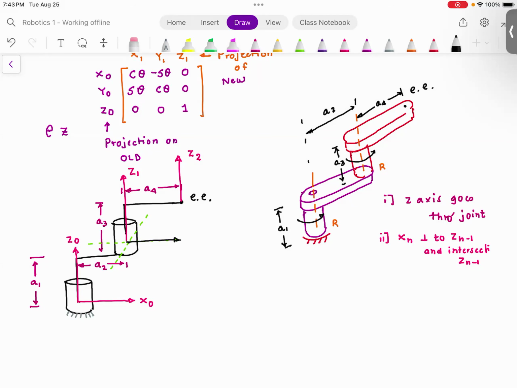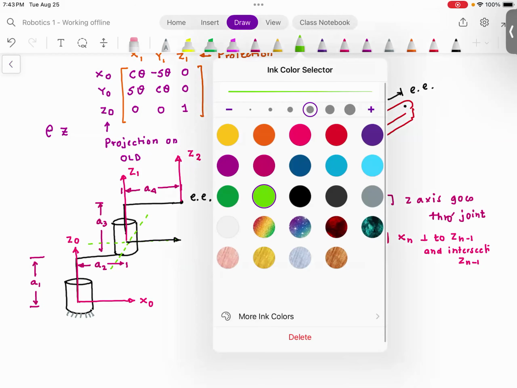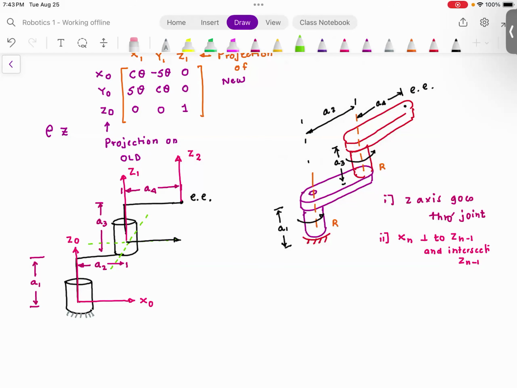Now, the same argument goes for this. So I have two potential positions for X1. Now I need to specify X2. If I use this or this direction for X2, X2 will be parallel to Z1.